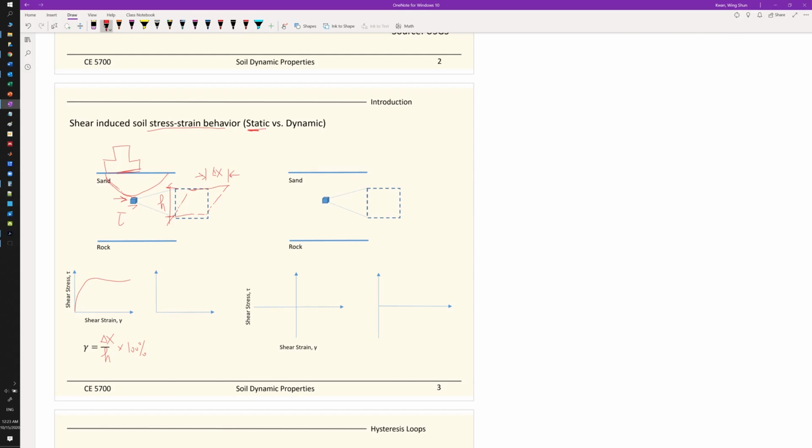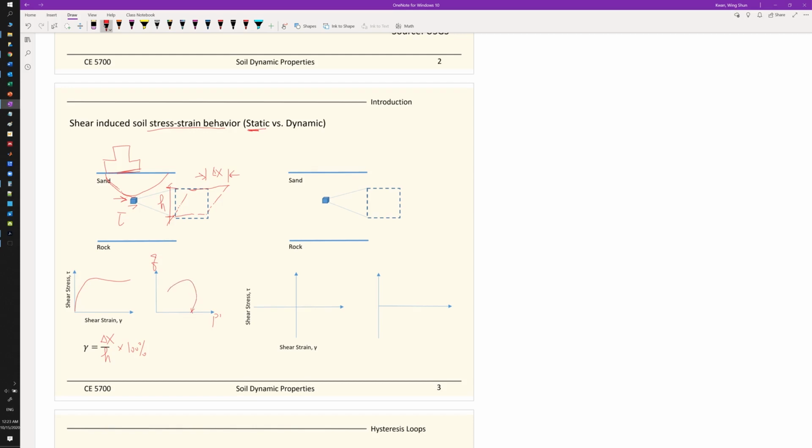And in 566, sorry, not 366, the 566, when we talk about soil mechanics, we also talk about the stress path in p-q terms, and it will tell you how the stress path looks, right?